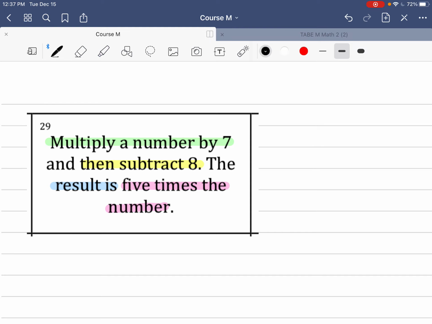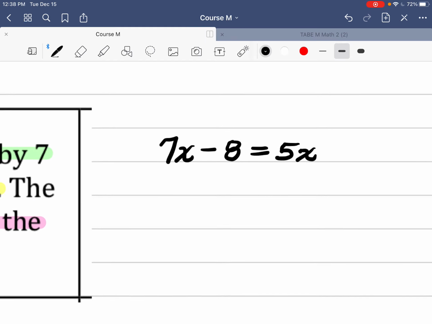So we've got several pieces here. Multiply a number by 7. So I'm going to say that's 7x, 7 times a number. Then subtract 8. The result is 5 times the number. Remember, we're using x for the number, so 5 times the number would be 5x.